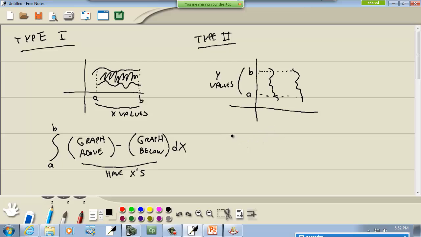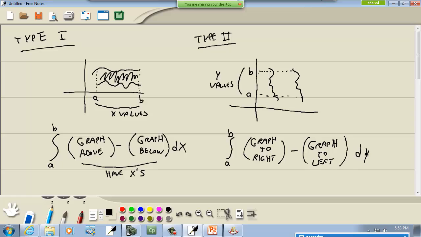And our setup would go from A to B. And this is the graph to the right minus the graph to the left, dy. Now specifically, these have y's in them. So those are the two different types you run across.